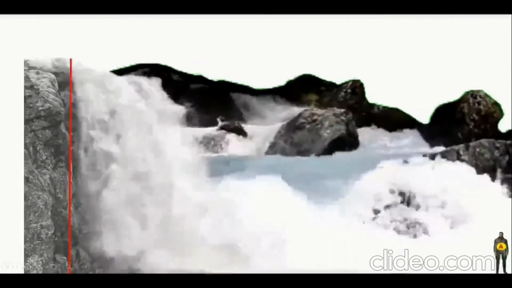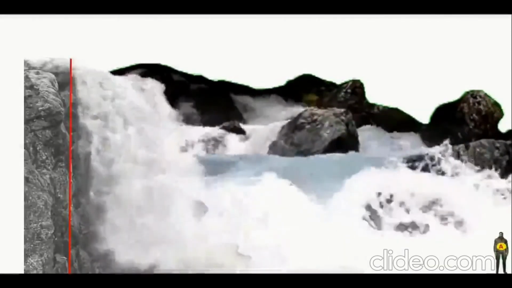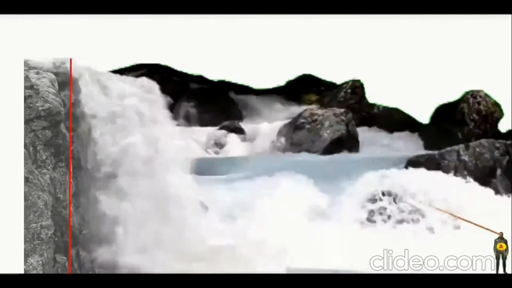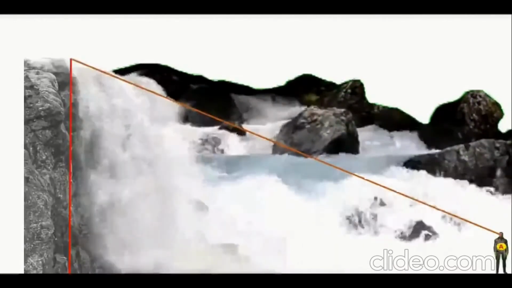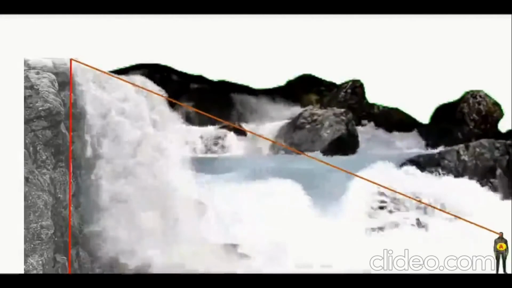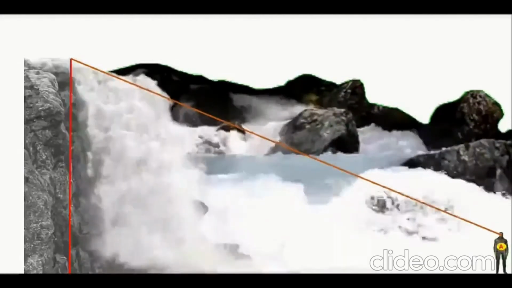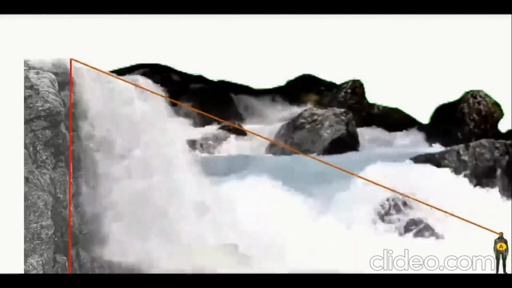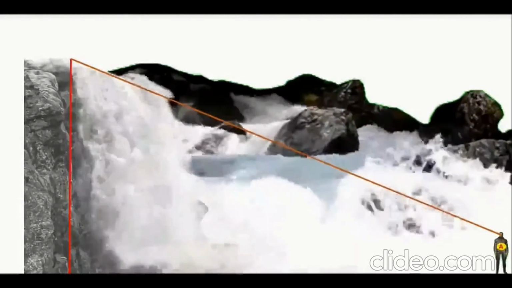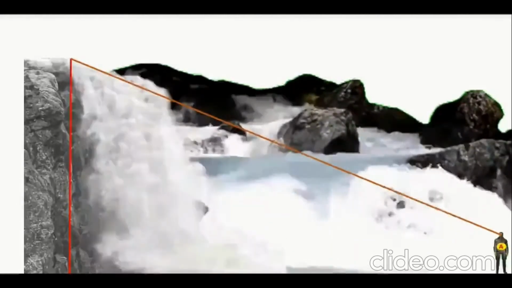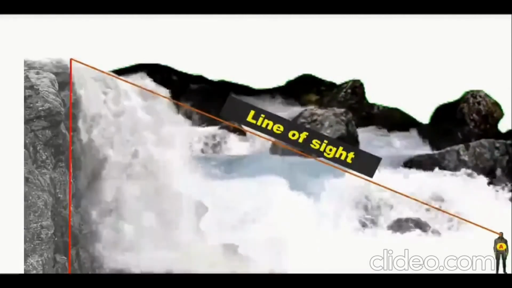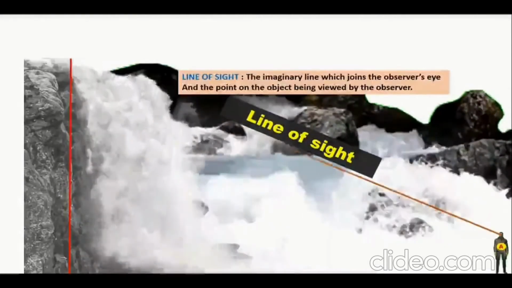This is the height of the waterfall. So the observer is observing a point which is at the top of the waterfall, so he needs to look upwards.